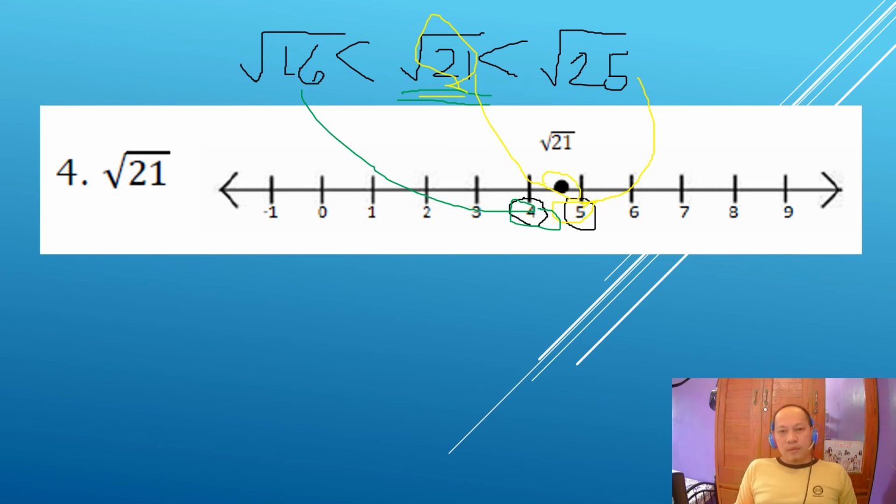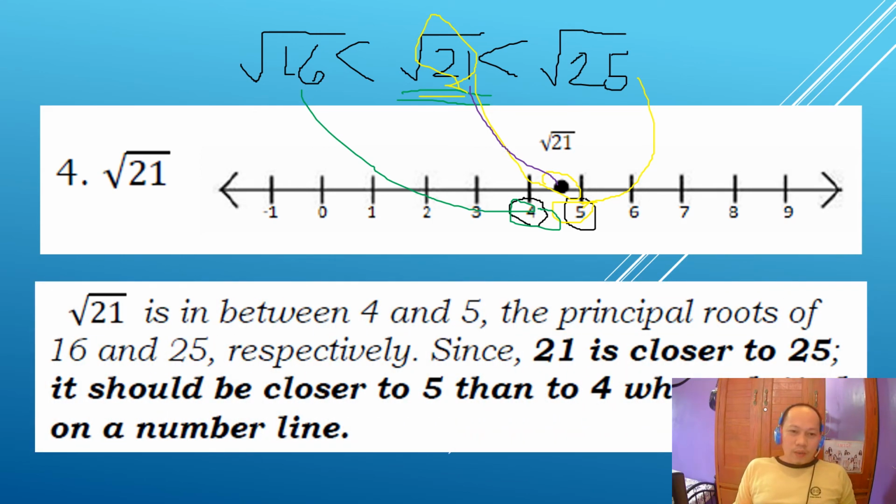Yun. Okay. So, yan, no? So, kaya square root of 21 is in between 4 and 5. The principal roots of 16 and 25 respectively. Since 21 is closer to 25, it should be closer to 5. So, mas malapit siya sa 5 than to 4. Okay, when plotted on a number line.